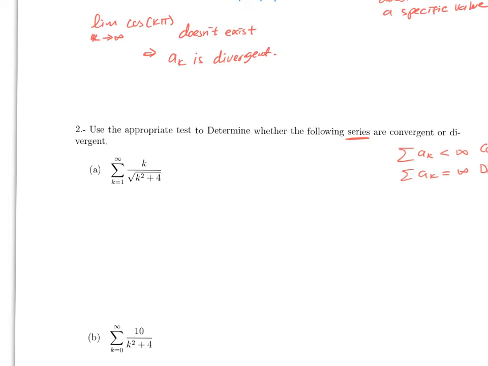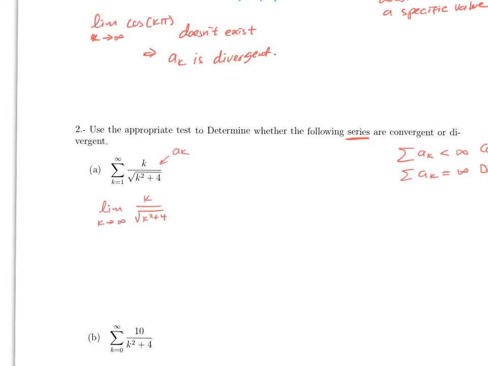But let's go with the divergence test, which will remind you of, again, limits from calculus 1. So here, remember, this is a_k. Now the limit as k goes to infinity of k over the square root of k squared plus 4.